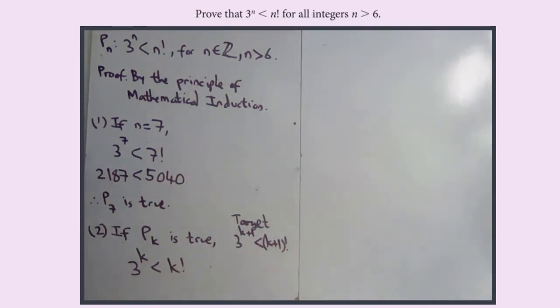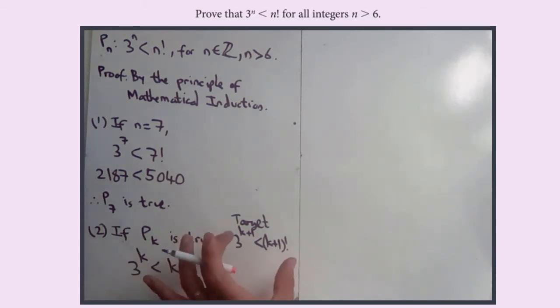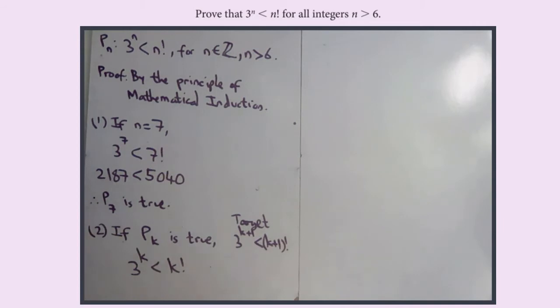And we can't form this k plus 1th case in the normal way. When we're dealing with, say, a sequence or a series, we'll build towards k plus 1, and then use the result to simplify it. Here, the only thing we've got to work with is the kth case. So we're now looking to use this to prove that this is true. This 3 to the k plus 1 is 3 times 3 to the k.